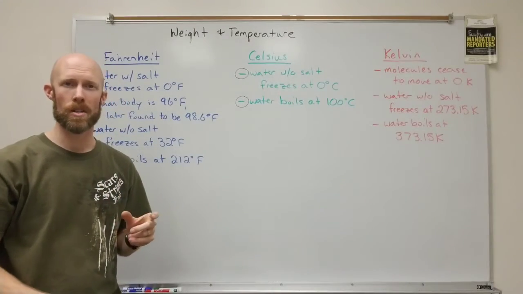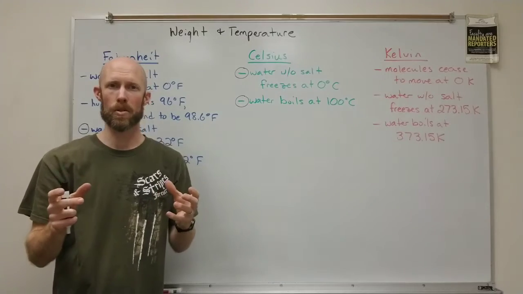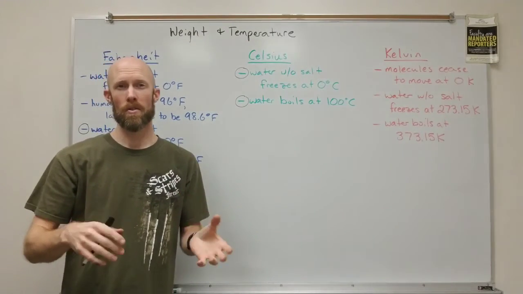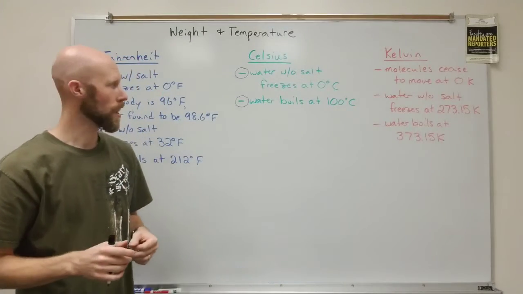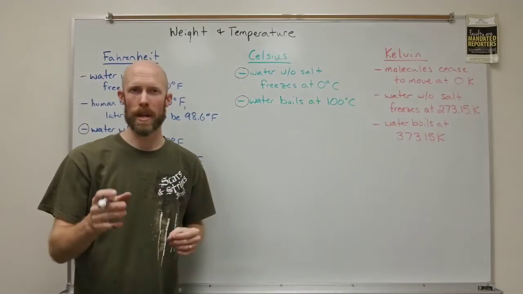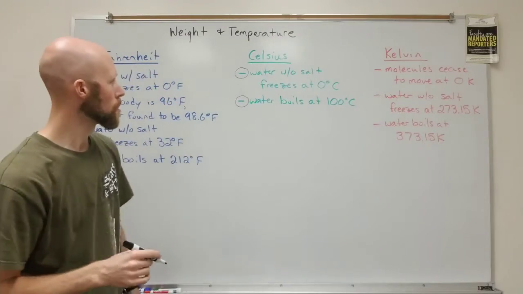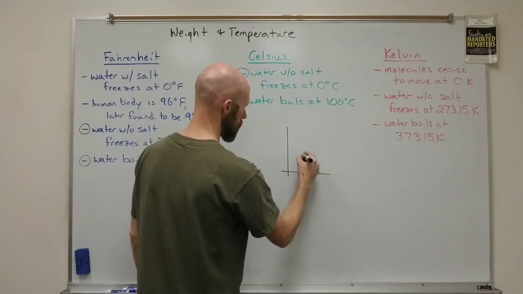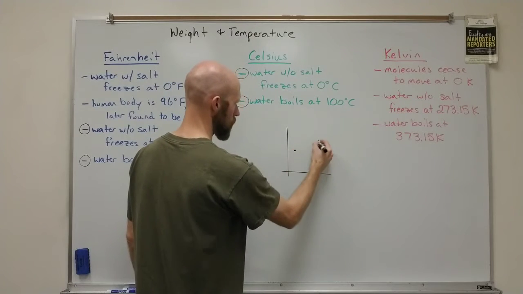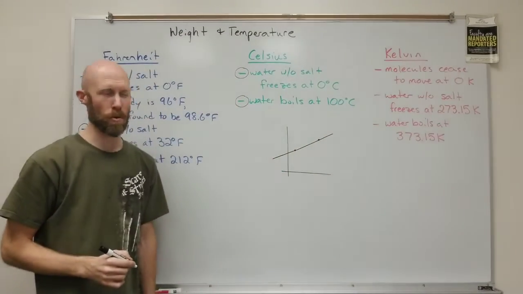That combination of points allows us to form a relationship between the two, where you can convert from any Fahrenheit to any Celsius and from any Celsius to any Fahrenheit. I'm not going to go through all the details because it's beyond what we've done in this course, but you may have learned in some algebra courses that between any 2 points, you can find the equation of the line through those 2 points.